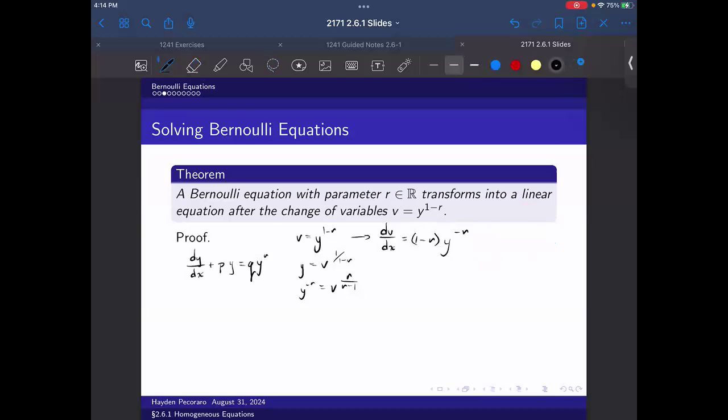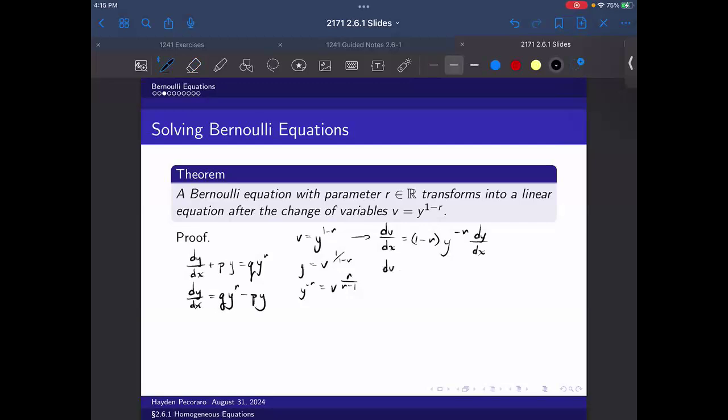I want my y prime here. There we go. So now we've got our y prime here, and maybe we add on py. So dv/dx plus py here is going to be equal to, no, that's not what I want. Sorry, brain's a little scattered today. Let's take this one, solve it for dy/dx, and then we'll plug things in.